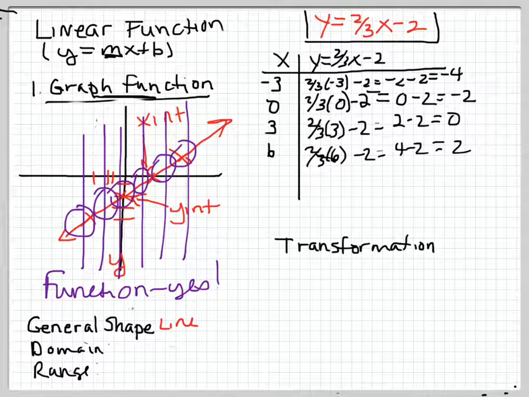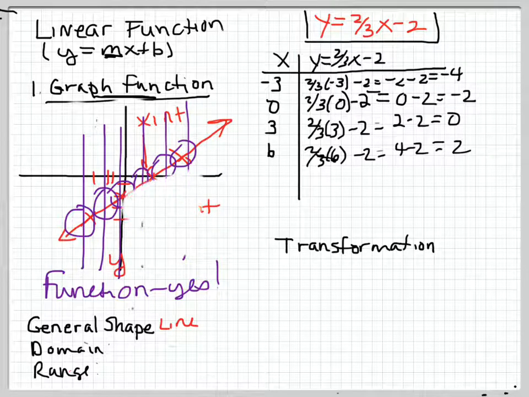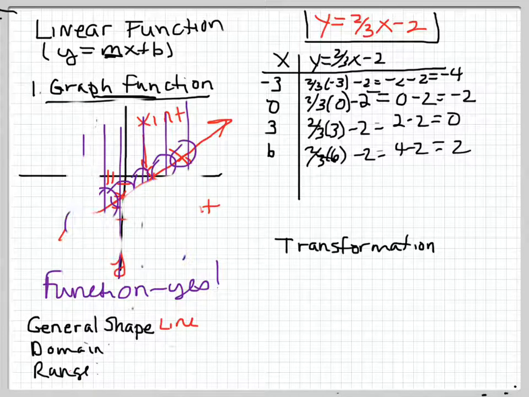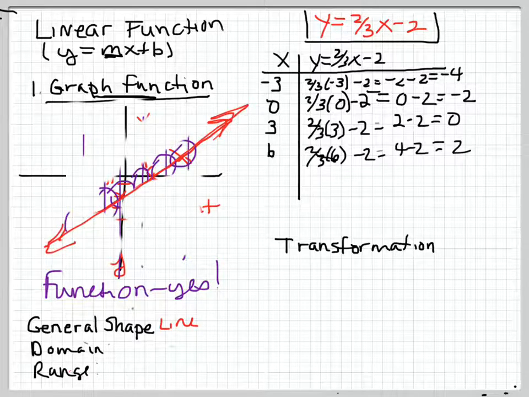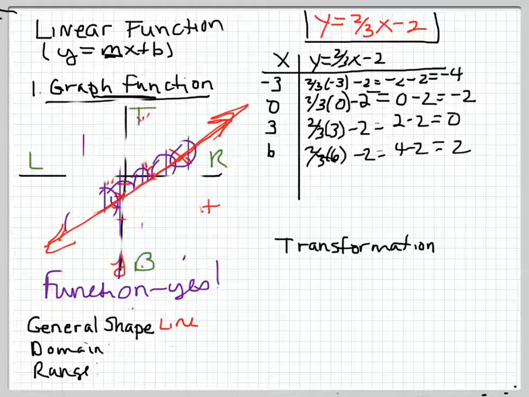Now, when we talk about the domain and range, we're interested in what values we can put in for x and what corresponding values we put in for y. When you look at the graph, what you're really interested in is what happens as you travel from left to right, and what happens as you travel from the bottom to the top.